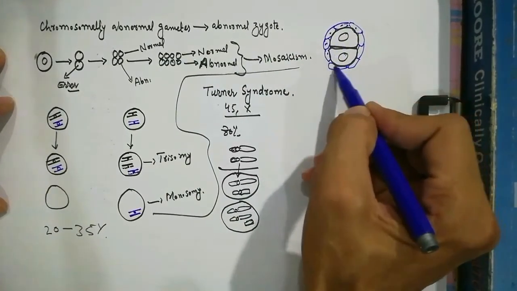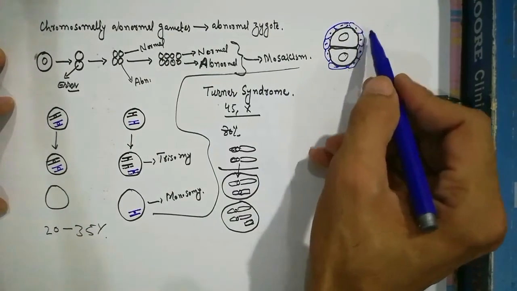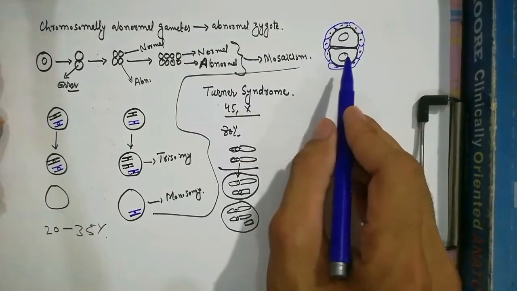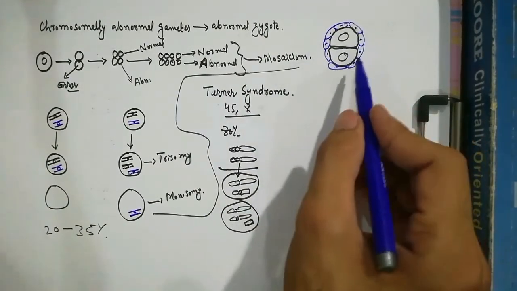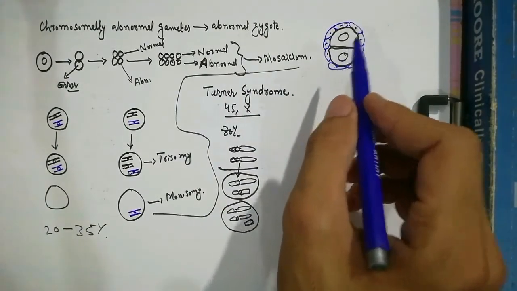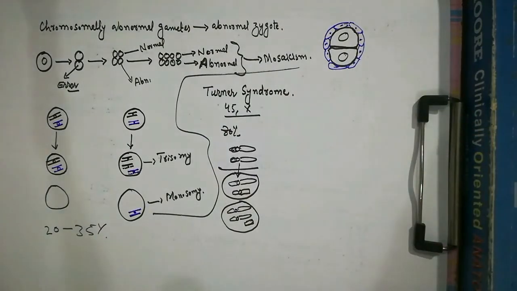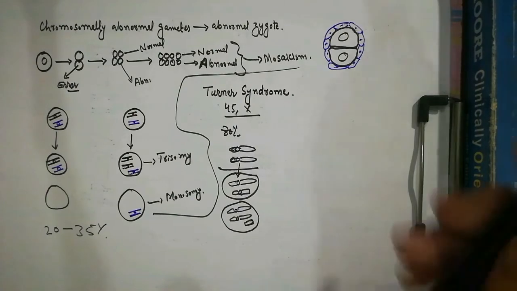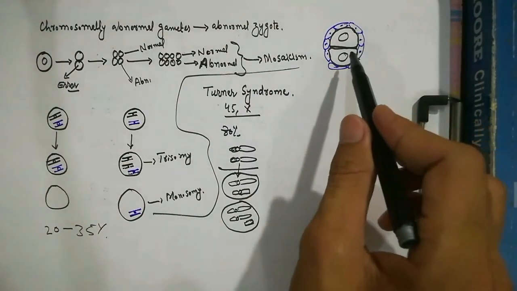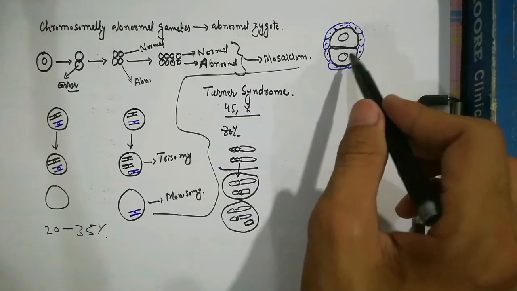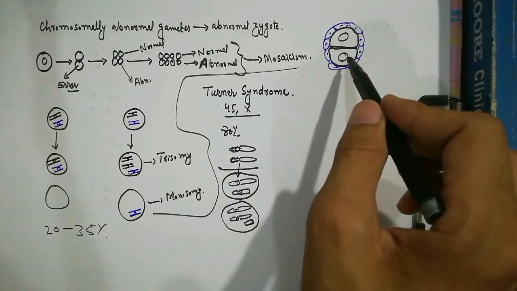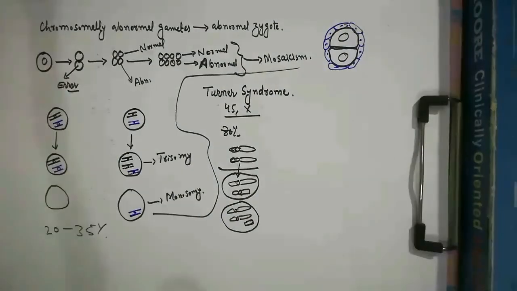Recall the structure of the primordial follicle. In this case, during maturation, this type of primordial follicle degenerates, and rarely this primordial follicle reaches full maturity, and both oocytes are released at ovulation and are fertilized, and it gives rise to twins or triplets.